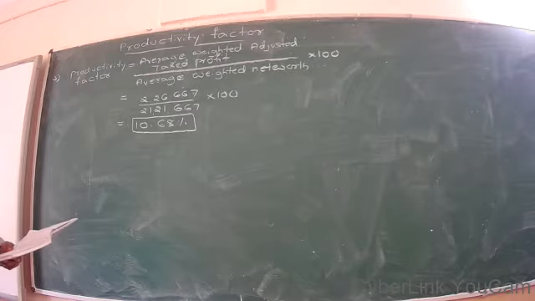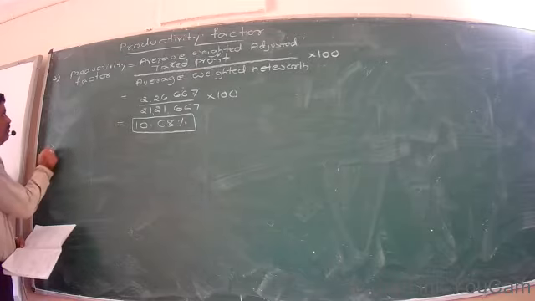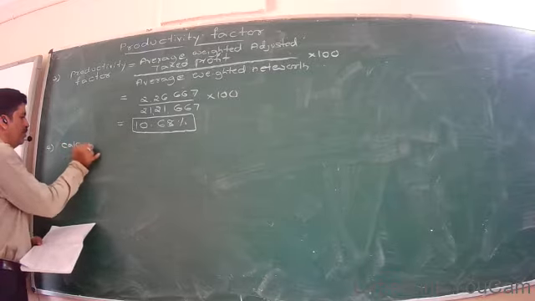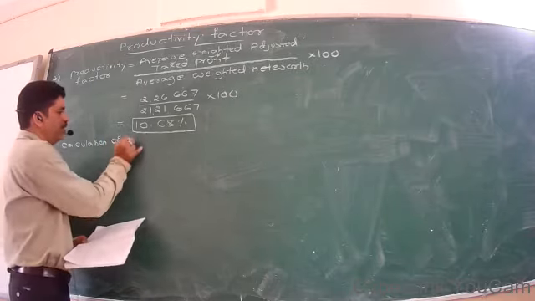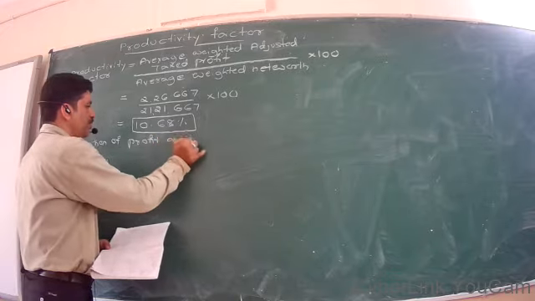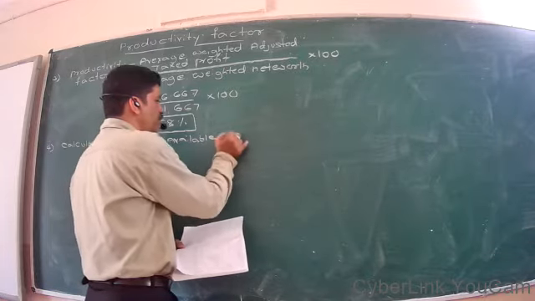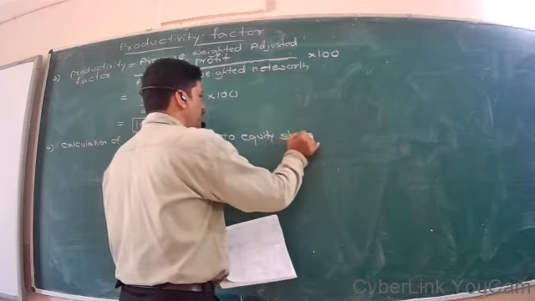Now, based on this information, further we will move. That is fourth one. Step 4, calculation of profit available to equity shareholders.